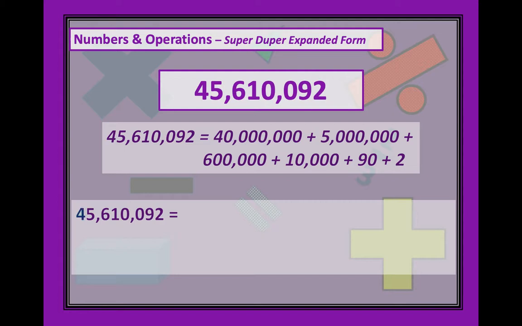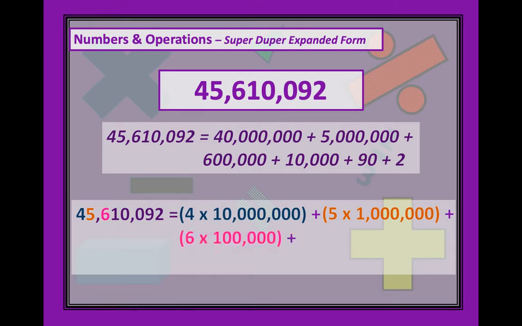The 4 is in the 10 millions place, so we would write 4 times 10 million, plus 5 times 1 million, plus 6 times 100,000, plus 1 times 10,000. We can skip the 0 in the thousands place, the other placeholder 0 in the hundreds place, and we have 9 times 10, and then a 2 in the ones place, 2 times 1.